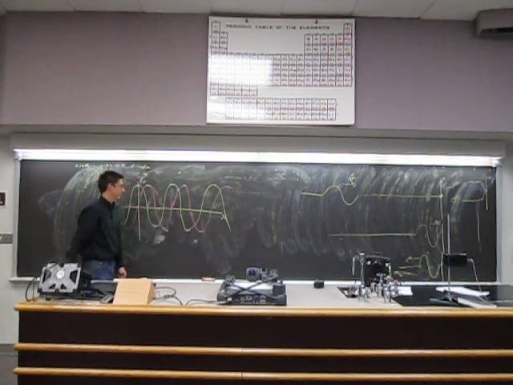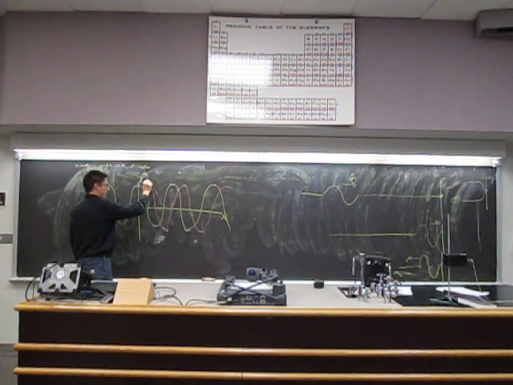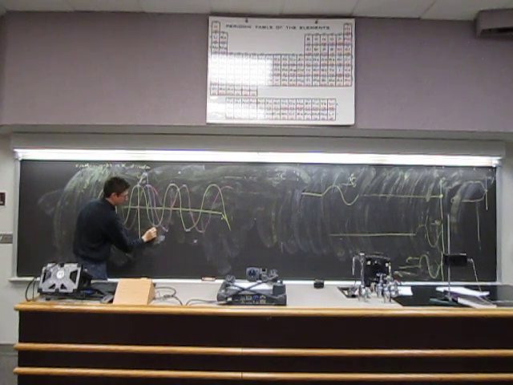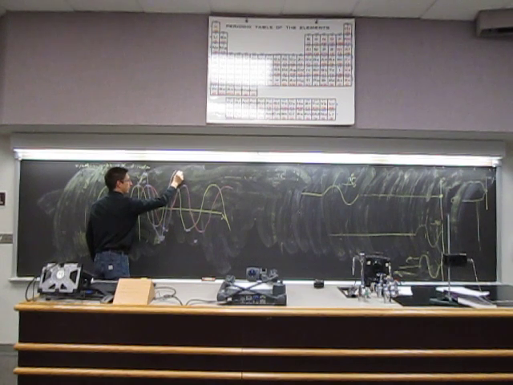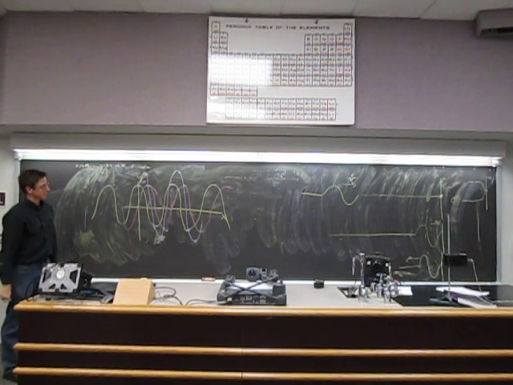Down here, etc. And what you'll see is when you add these waves together, you get a new type of wave called the resultant wave. Something like that.